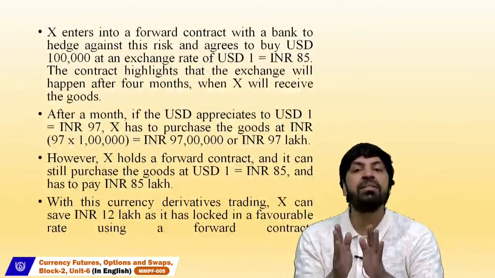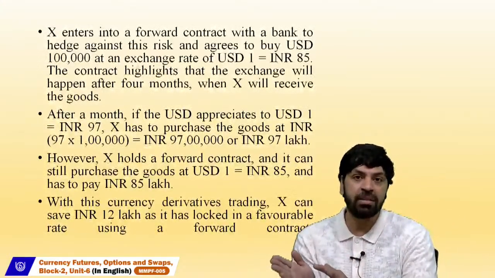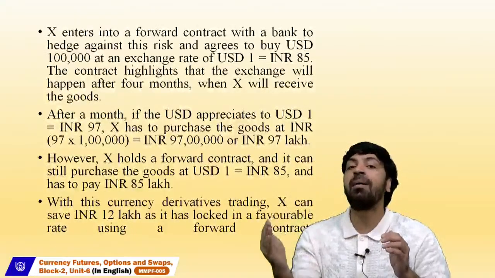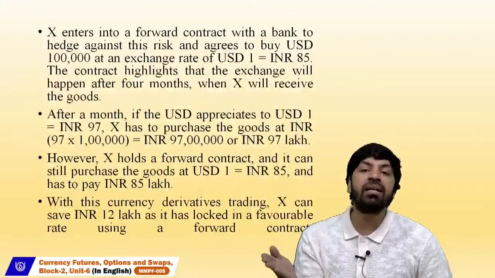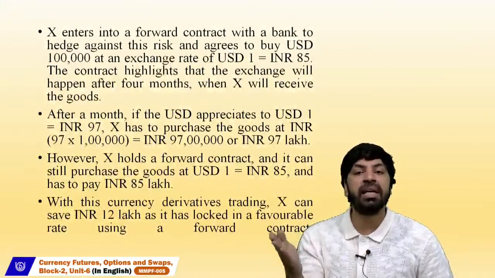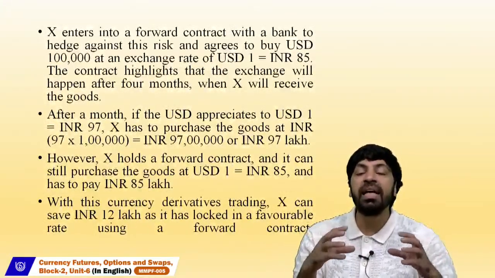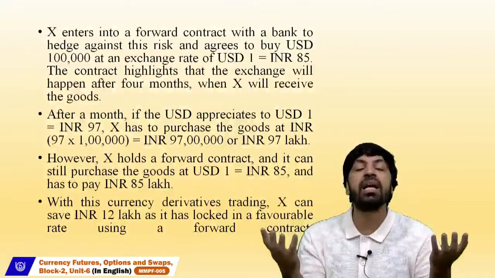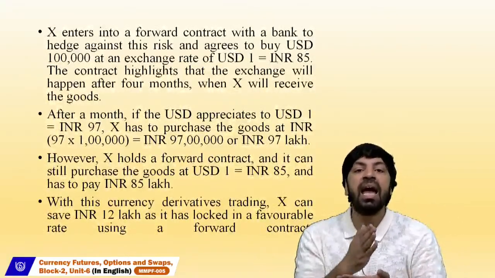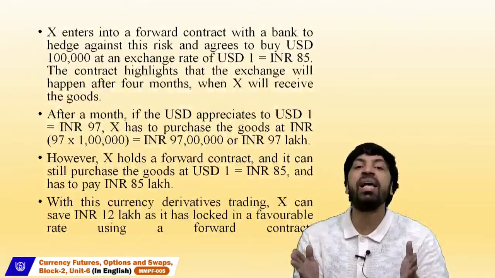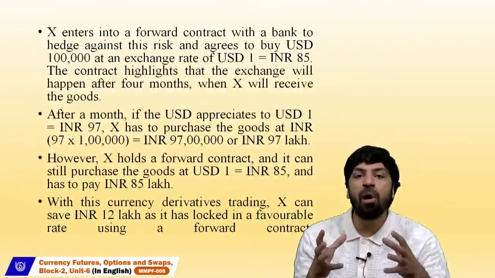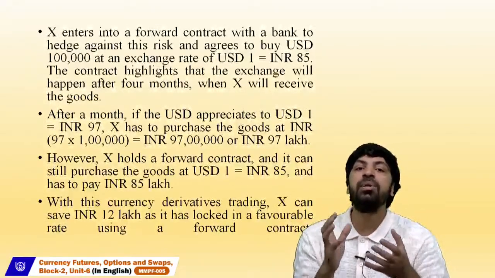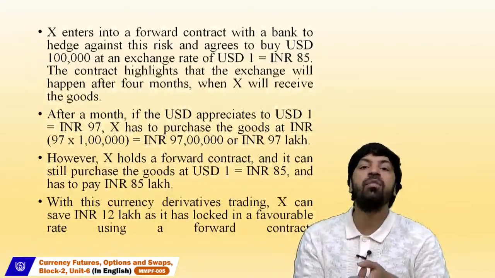If the currency appreciates, it becomes 97, but as per the contract deal, it is 85. So with currency derivatives, X can save 12 lakh rupees, as it has locked in a favorable rate using the forward contract.